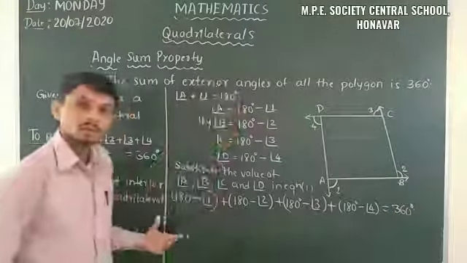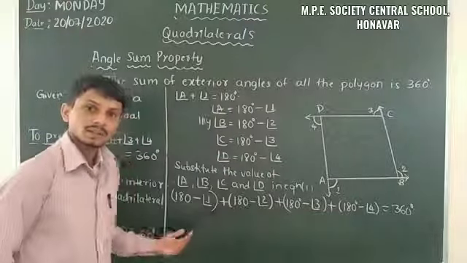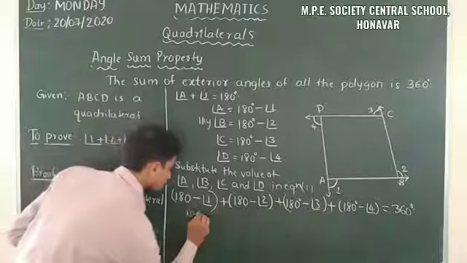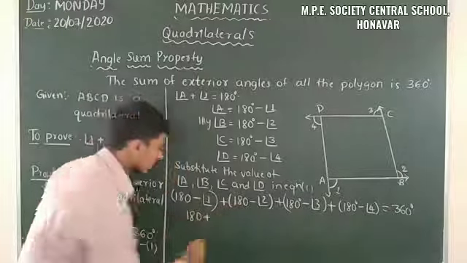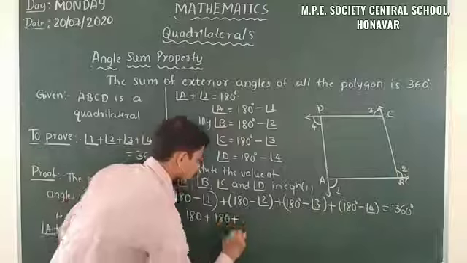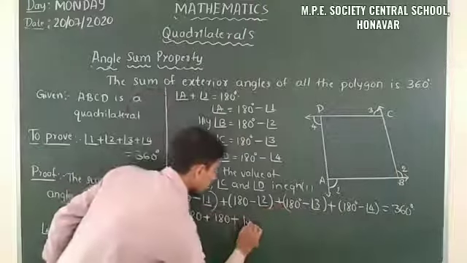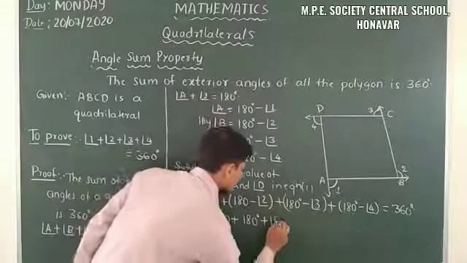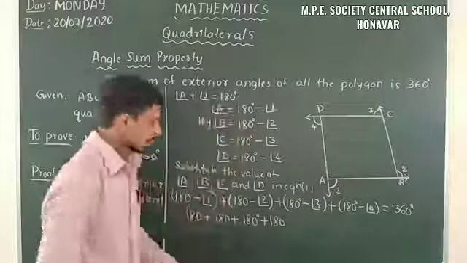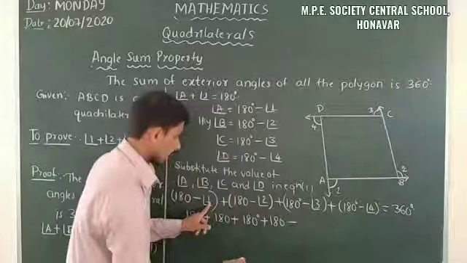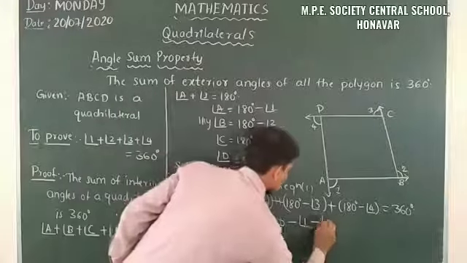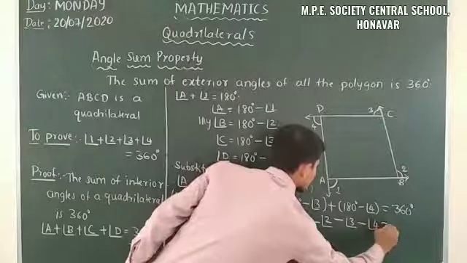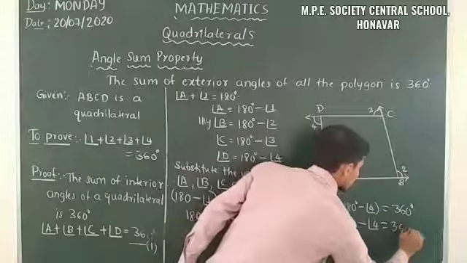Then we have to take all the terms to one side. That means 180 degrees plus 180 degrees plus 180 degrees plus 180 degrees. I will take them on one side. Then minus angle 1 minus angle 2 minus angle 3 minus angle 4 is equal to 360 degrees.